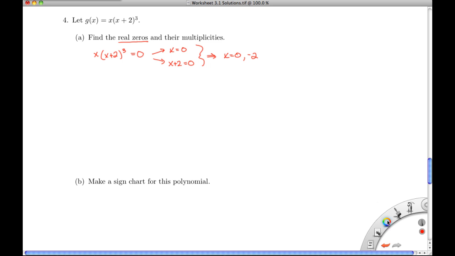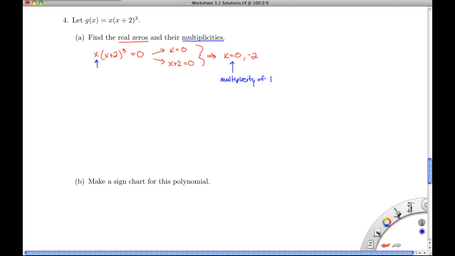Now, in terms of identifying multiplicity, multiplicity just sees how often those zeros repeat themselves in the course of our polynomial. Well, this factor right here, just the x factor, it only occurs once. It has one multiple, just x once. So the multiplicity of x equals 0 would be a multiplicity of 1.